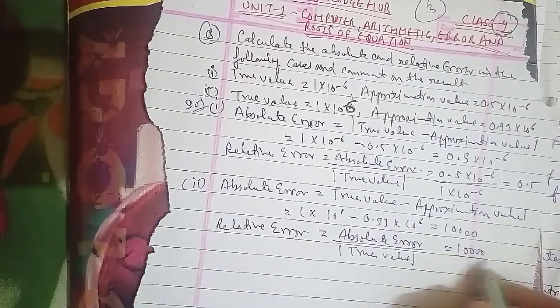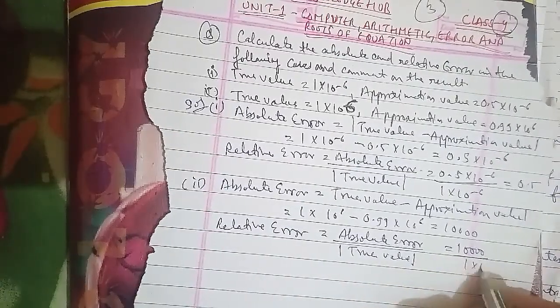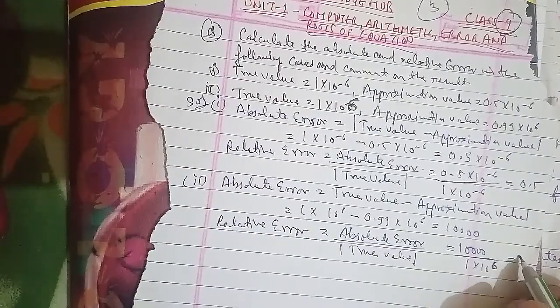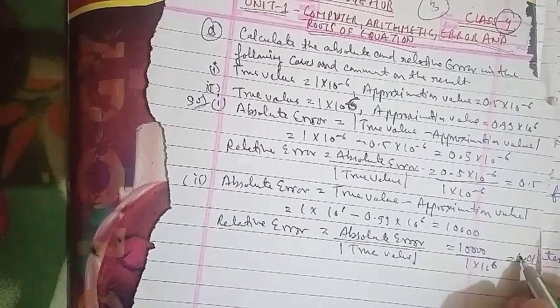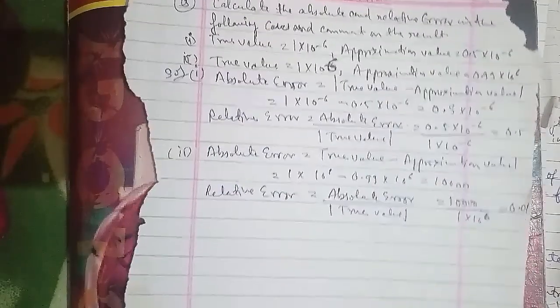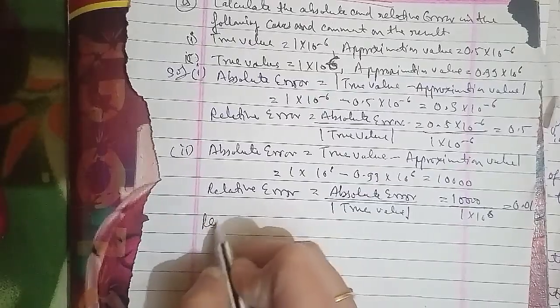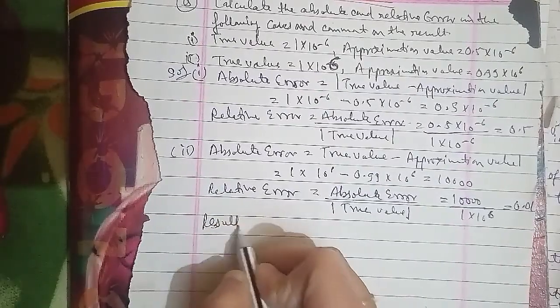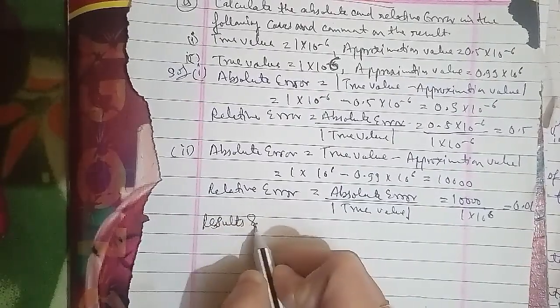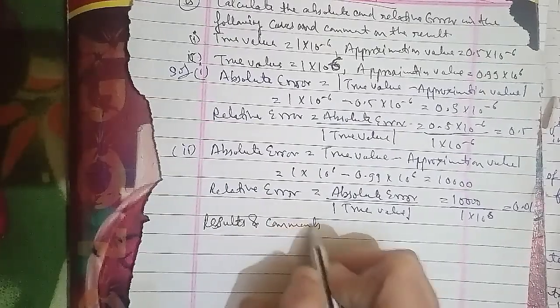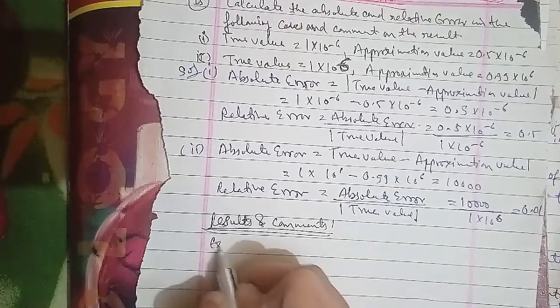Now the results and comments that I had asked about in the question. For the examples, we have the absolute error, relative error, and comments.